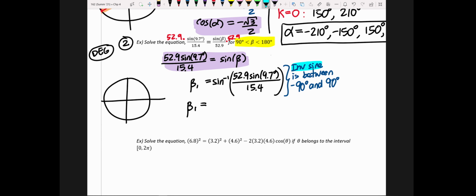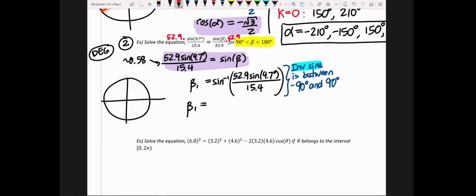When you put this expression into your calculator, so first make sure you're in degree mode. 52.9 times sine of 9.7 divided by 15.4, that's approximately 0.58. So getting that approximation will help you draw.